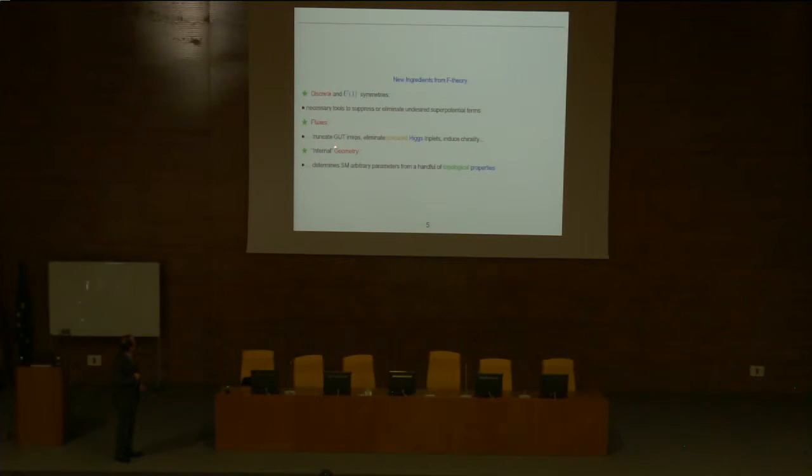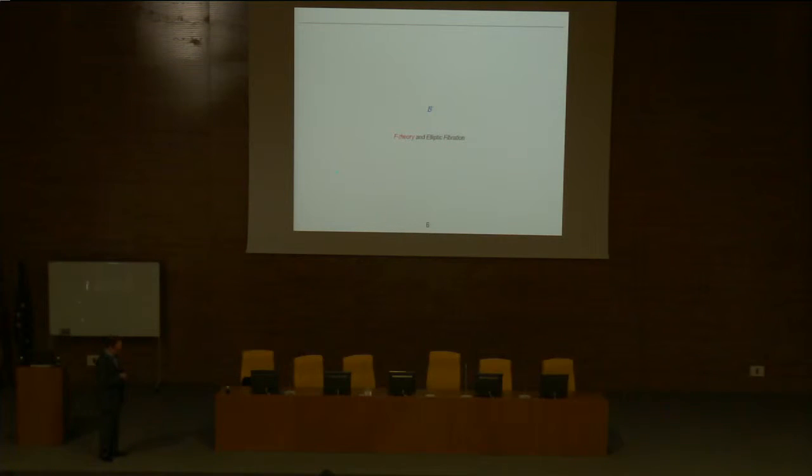And finally, the internal geometry of the compact space determines many arbitrary parameters of the standard model and the GUT theories from a handful of topological properties. So more or less, this is the motivation for working in F-theory model building.